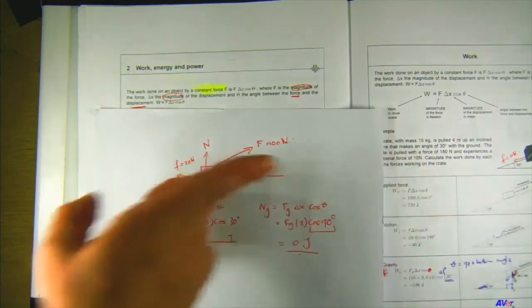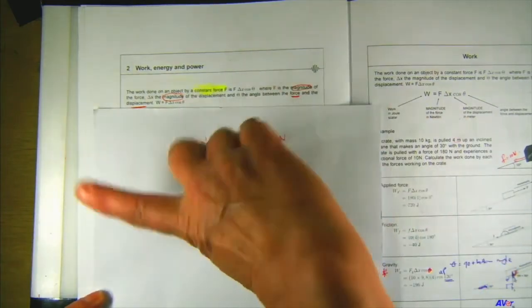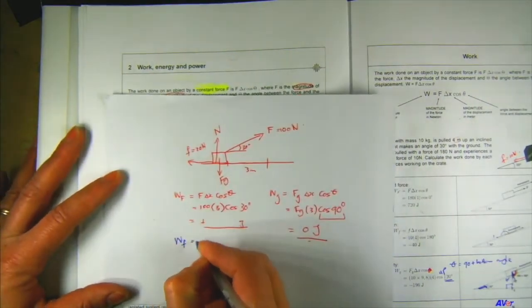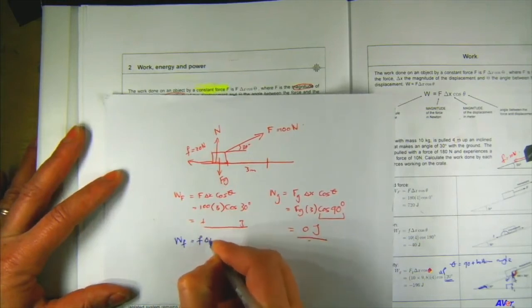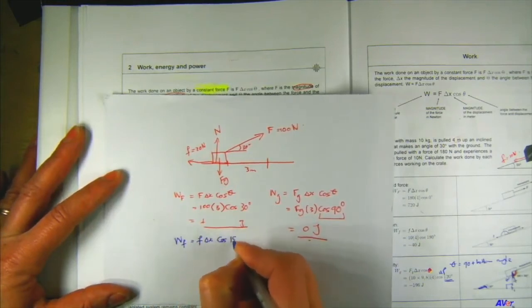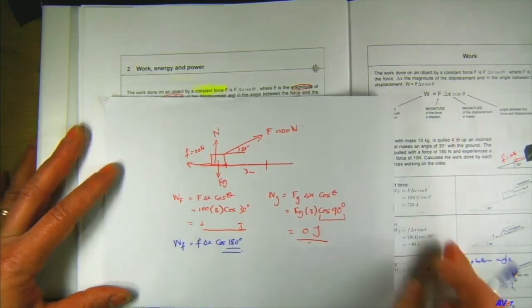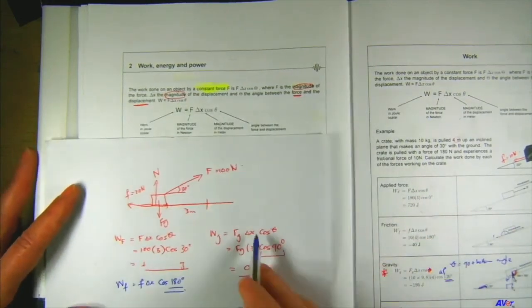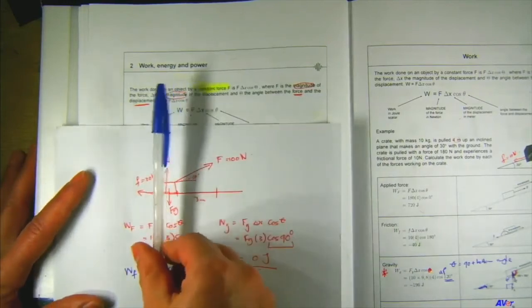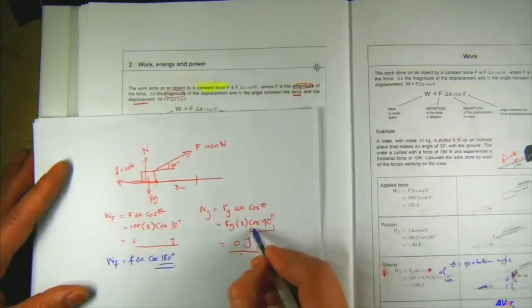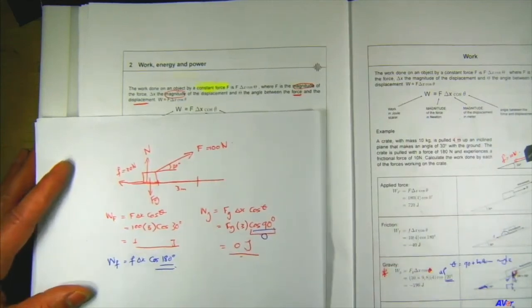So for friction, the work is always cos 180. It's always in the opposite direction, right? And gravity was perpendicular to the movement, so you had cos 90, and cos 90 is always 0, right?